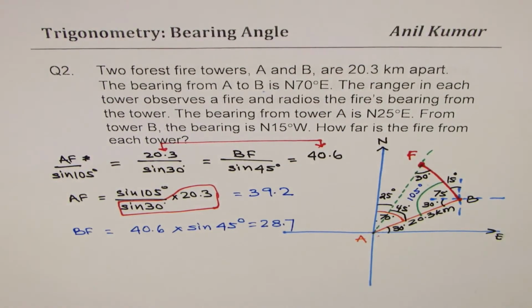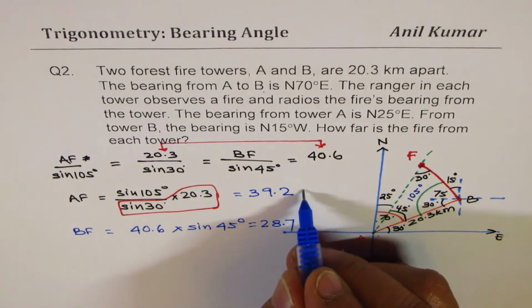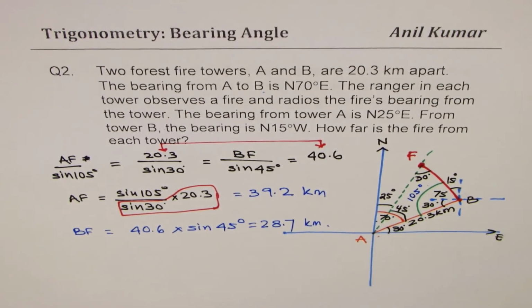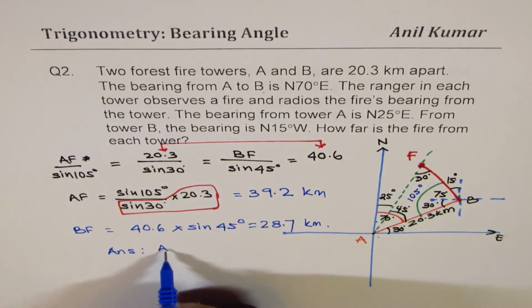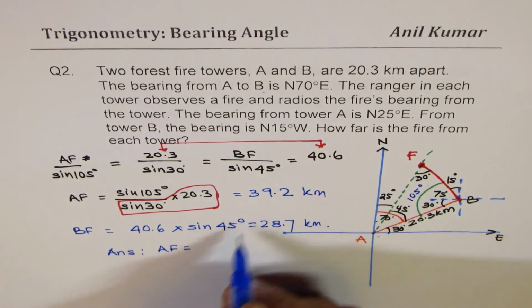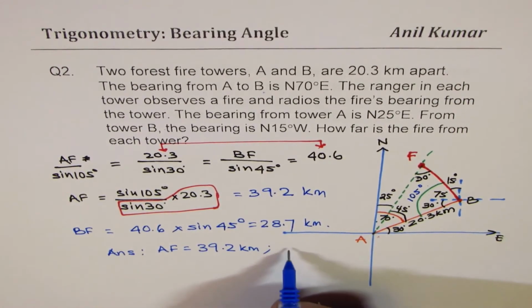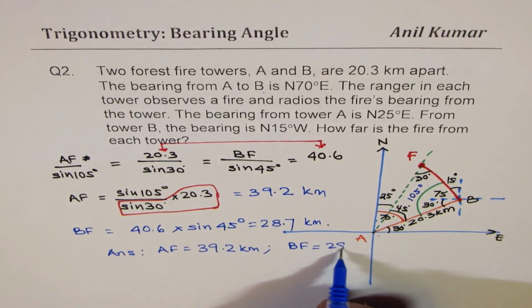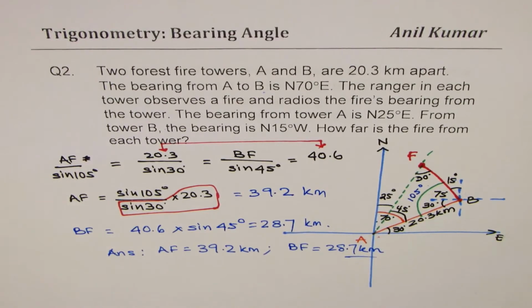Okay, so that becomes the distance. Since that was given in one decimal place, we are maintaining one decimal place in kilometers. So the answer is distance from A is 39.2 kilometers, and distance of the fire from B is 28.7 kilometers, right? I hope that is absolutely clear, right?